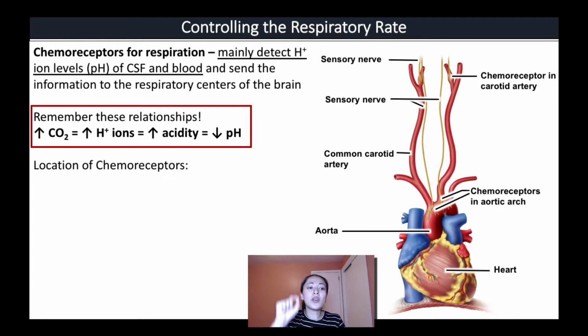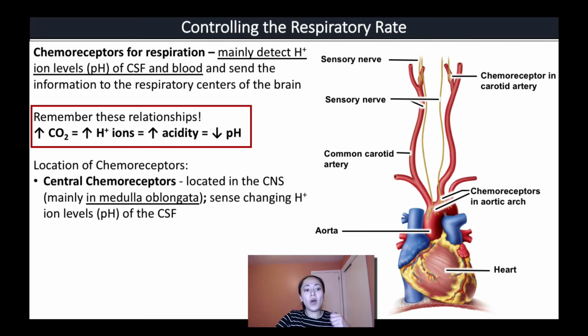You should know the location of these chemoreceptors. You have what we call the central chemoreceptors because they're located in your central nervous system. They're mainly located in your medulla oblongata, and they sense the hydrogen ion levels, or in other words, the pH of your cerebrospinal fluid.